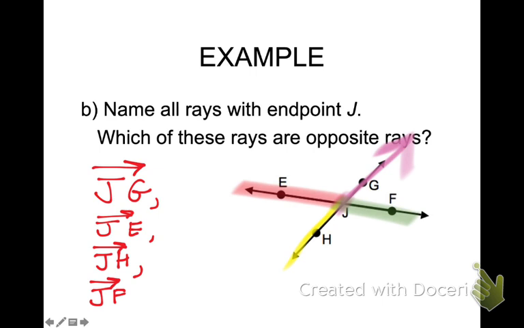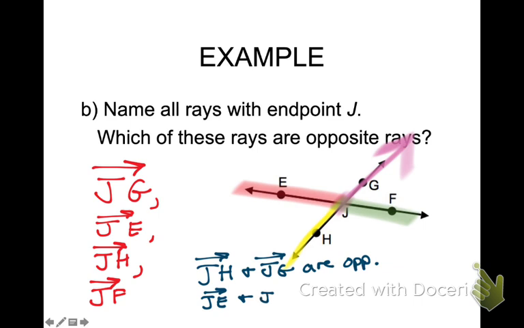So ray JH and ray JG are opposites. And then JE and JF would be opposites, right? So ray JE and ray JF are opposites also.